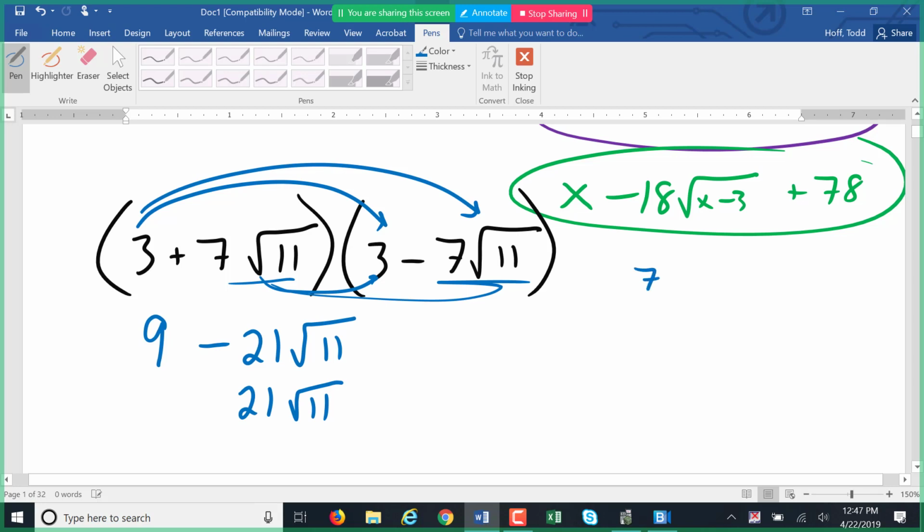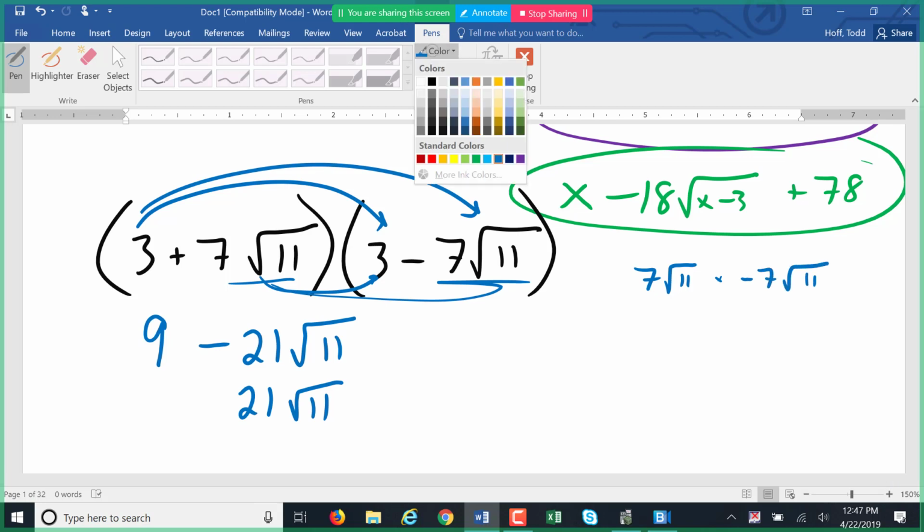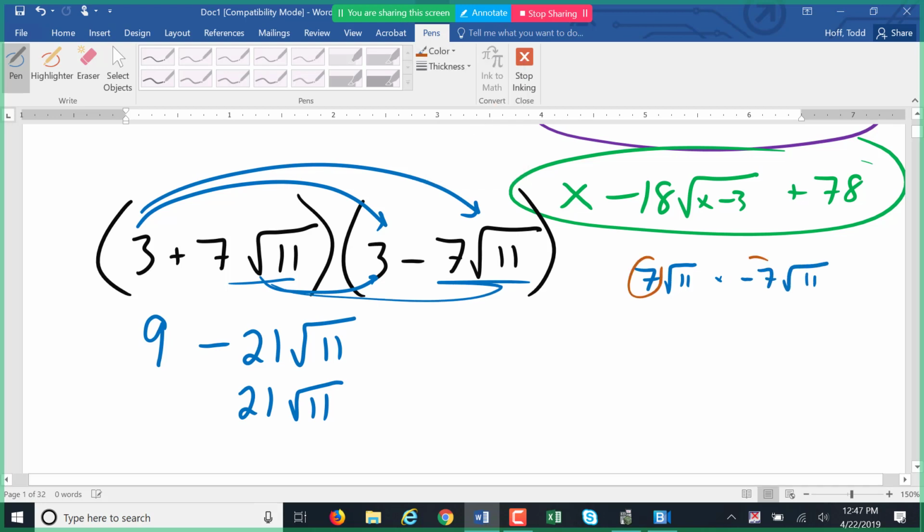And then 7 square roots of 11 times negative 7 square roots of 11. Well, let's do that off to the side here. We've got 7 times negative 7 is a negative 49. Square root of 11 times the square root of 11 is 11. Negative 49 times 11 is negative 539.